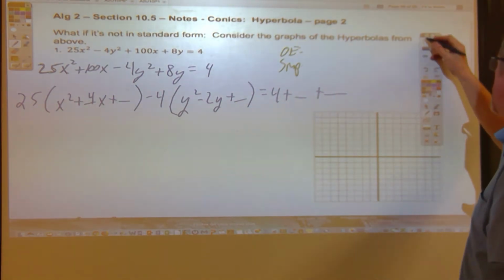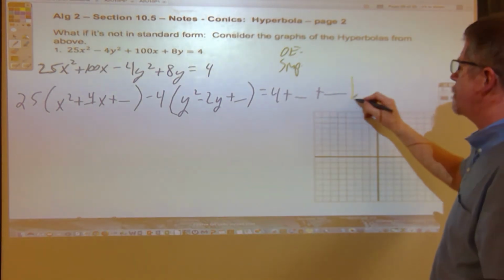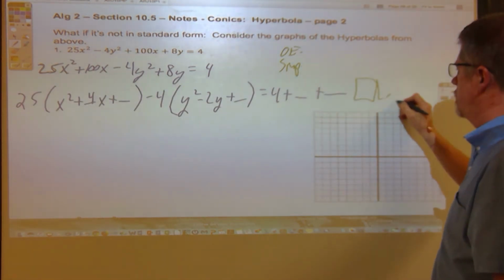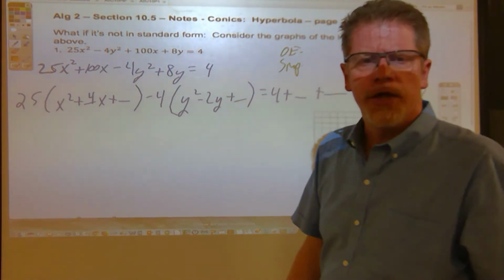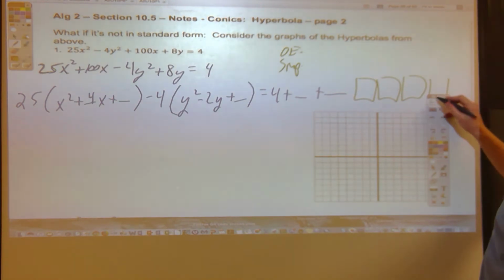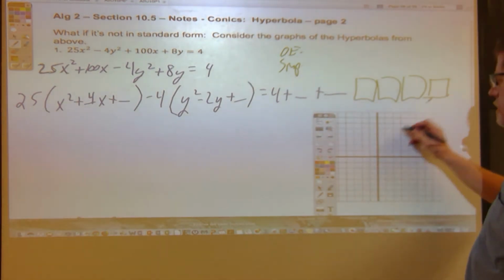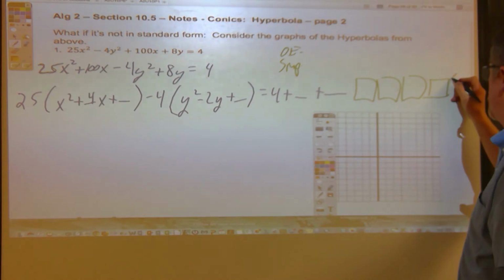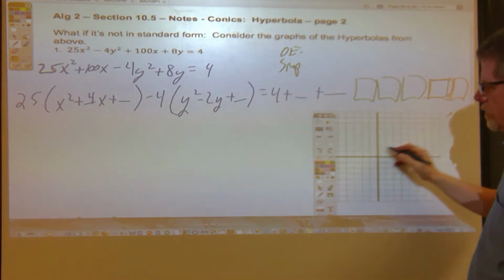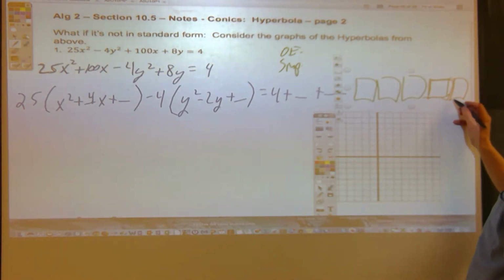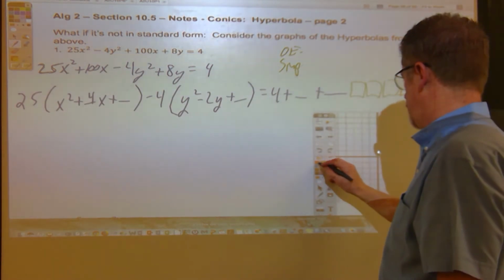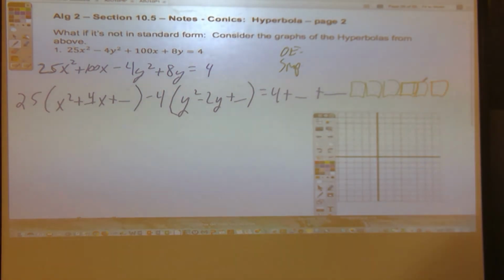Let's draw all 6 boxes for completing the square. 3 green boxes to complete the square in X, and then 3 orange boxes to complete the square in Y. Okay, so we've got 3 green, 3 orange.